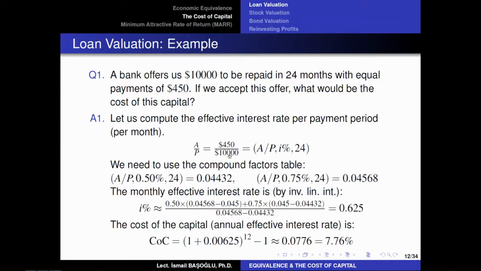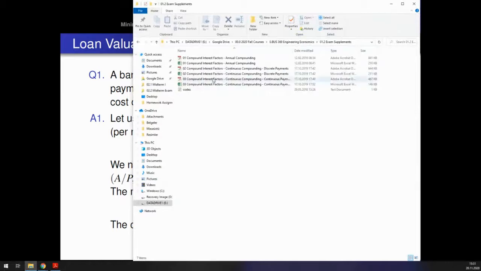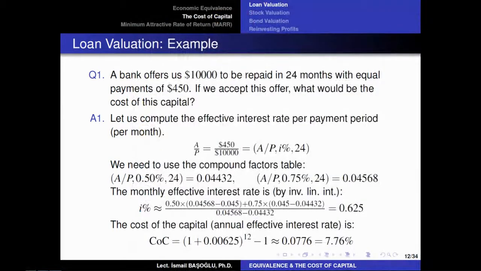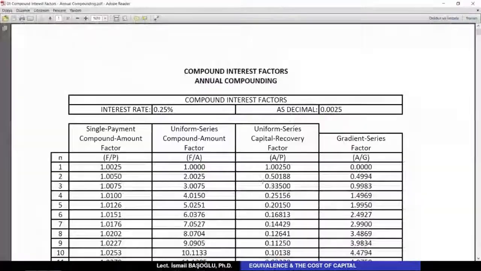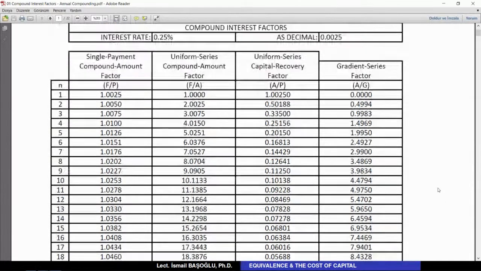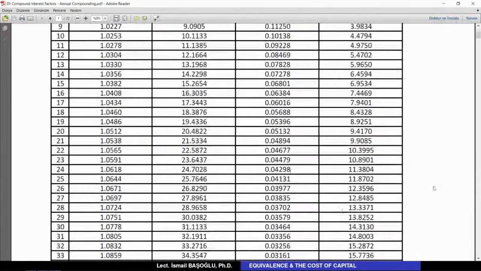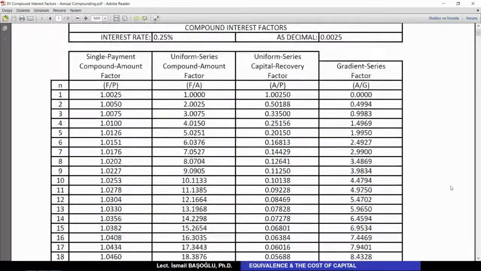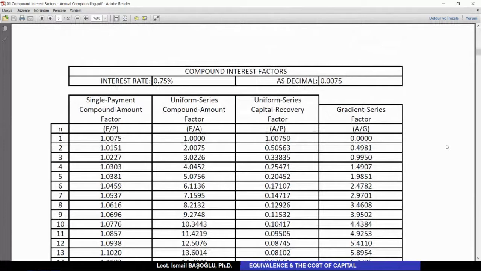Now, the ratio between A and P is 0.045. If you check your table, let me open the table here. So A over P for 24 months is 0.042 for 0.25% interest rate. We are looking for 0.045 exactly, so we are just going to move through the pages.